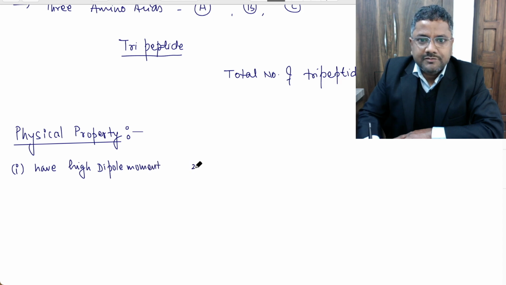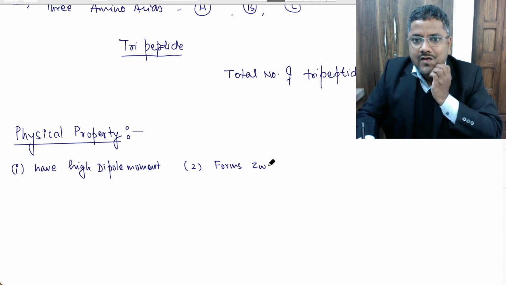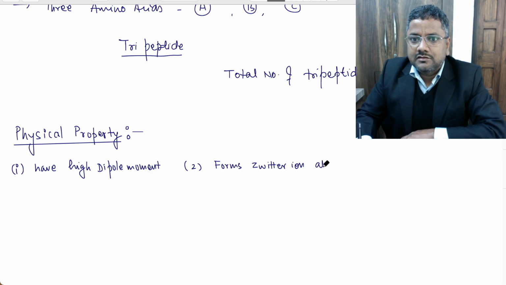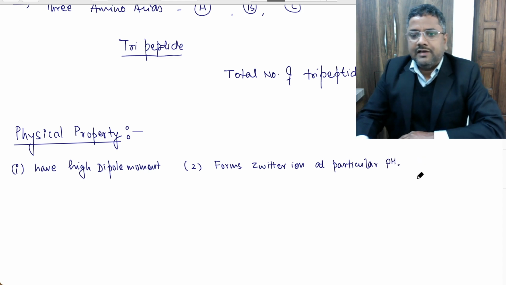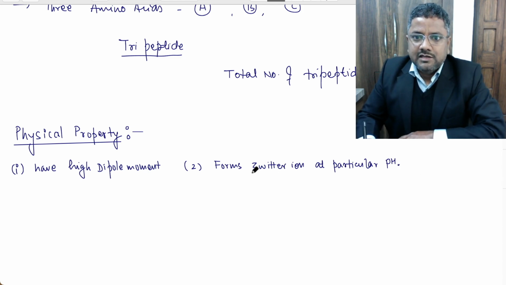Second property, they form Zwitter ion at a particular pH. Not in every situation do they form this Zwitter ion. Zwitter ion means dipolar ion, basically.